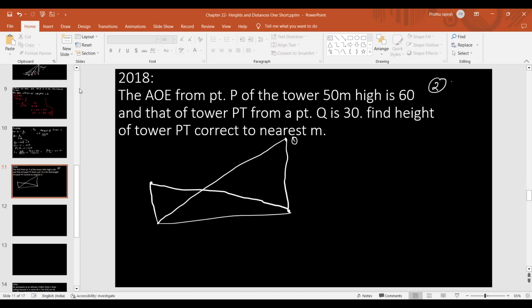And Q, no, this is R, this is Q, this is P, this point here, and this is T. The angle of elevation here is 60 degrees, and here it is 30 degrees.